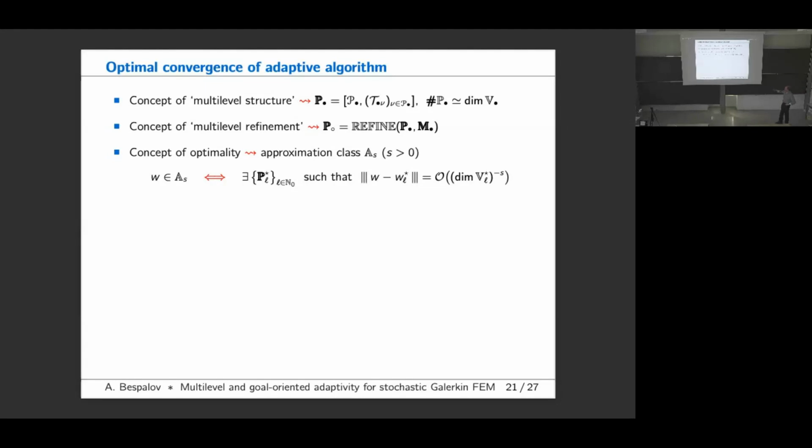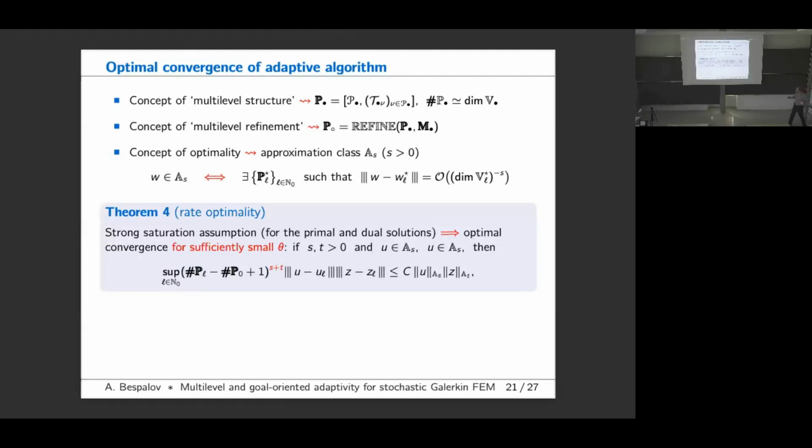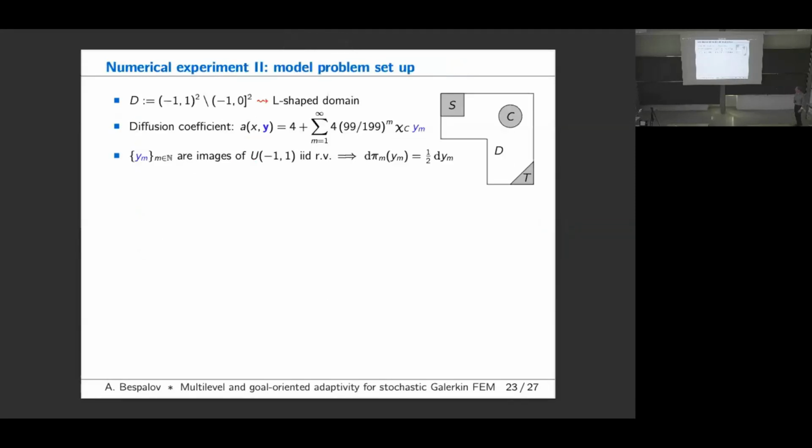Basically, the approximation class is the set of functions for which you can potentially have a rate S. That means there exists a set of discretizations, theoretically, not necessarily coming from the algorithm, not necessarily nested, that produces this rate S. The theorem that we prove basically states that our algorithm recovers this rate. If this rate is possible, it will be recovered by the adaptive algorithm under some additional saturation assumption that we call strong saturation assumption. I have a next slide describing this, but I will probably answer this in questions.